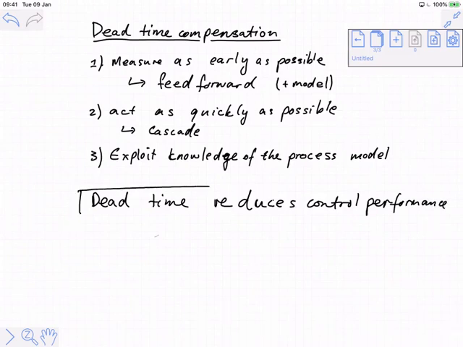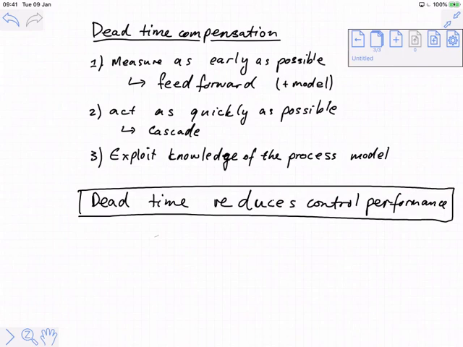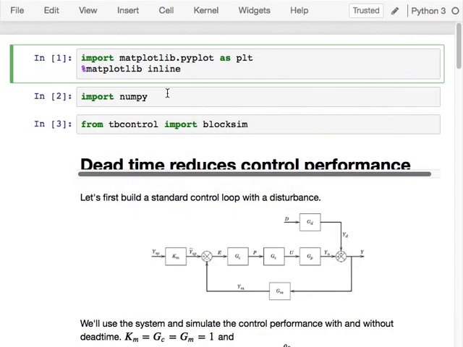So we're going to ask ourselves whether it is possible to exploit knowledge of delays in designing some way of countering the negative effects of dead time. And so the first thing that we need to talk about is understanding what the effect is of dead time on control performance.